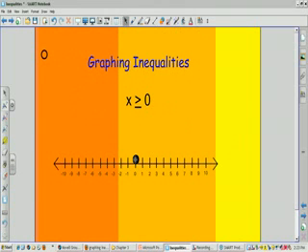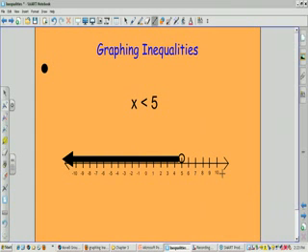That means we're going to include 0, and then our arrow is going to go in the greater than direction. Because we're including 0 this time, we're going to use a shaded circle, whereas in the previous question, we did not include this value, and we used an open circle.